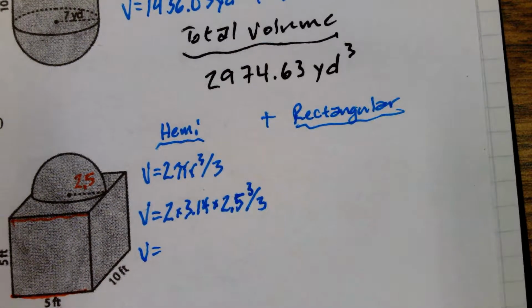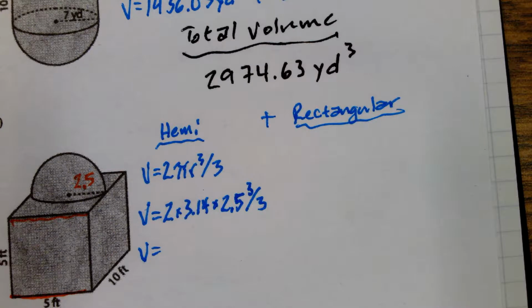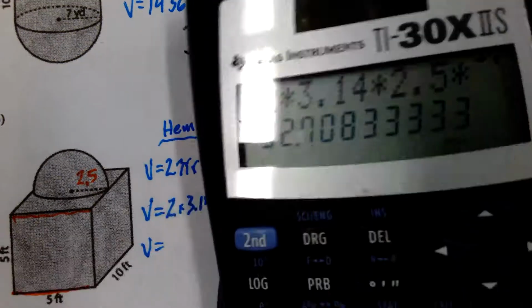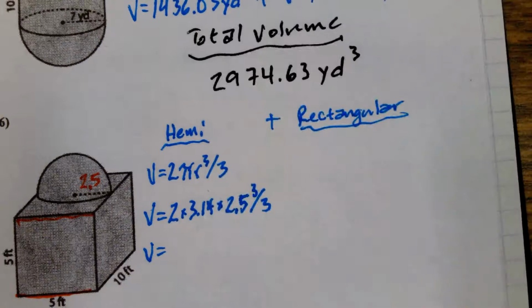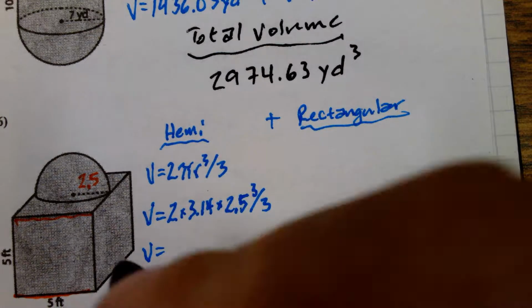Oh, lots of calculator work on this one. So we're doing 2 times 3.14 times 2.5 times 2.5 times 2.5. Divide that by 3. I got this answer. 32.71. Let's go with that.